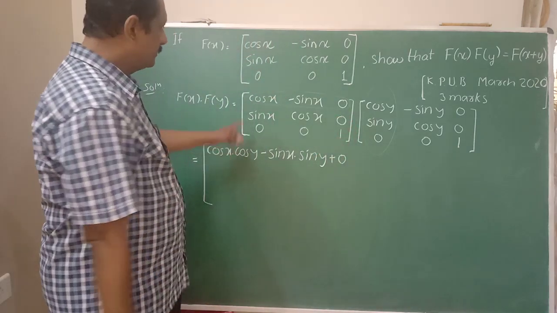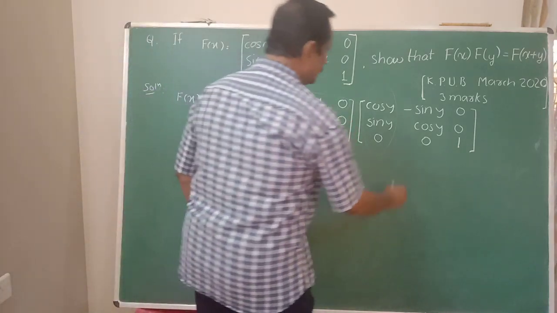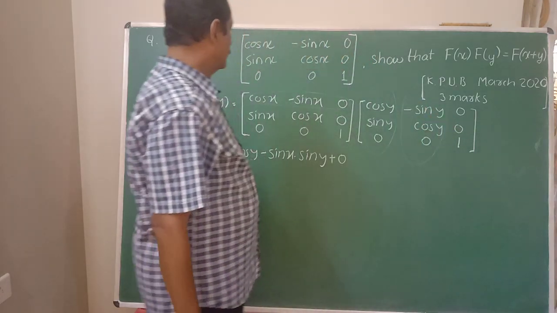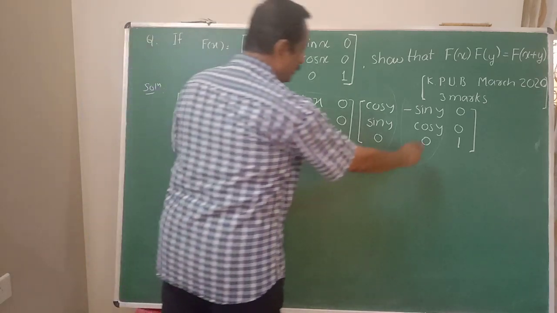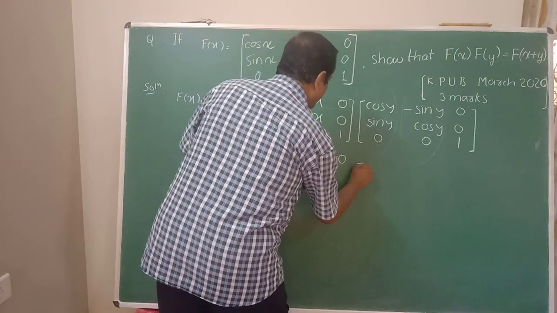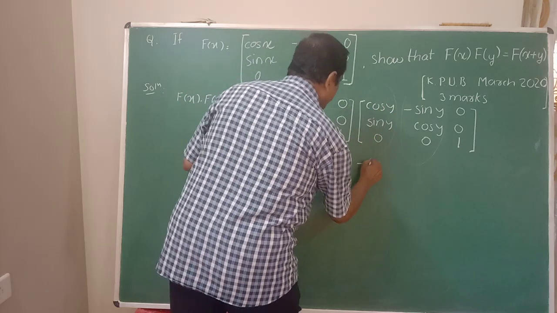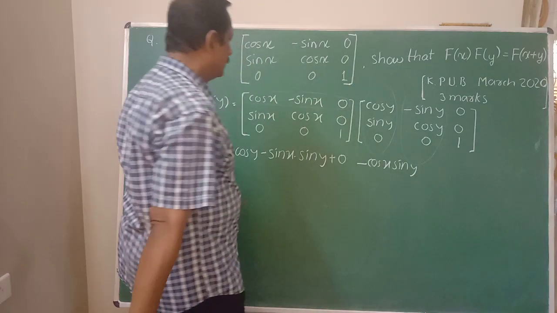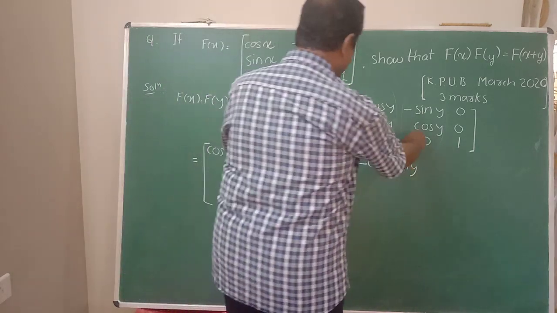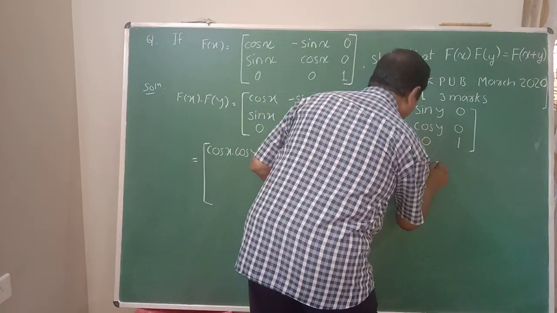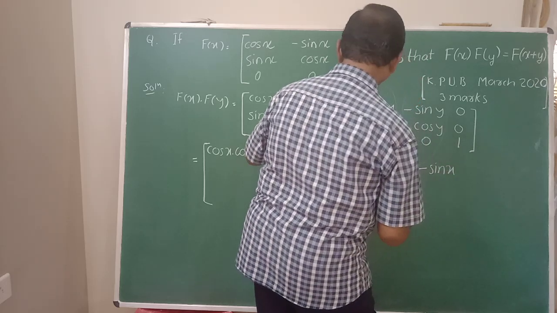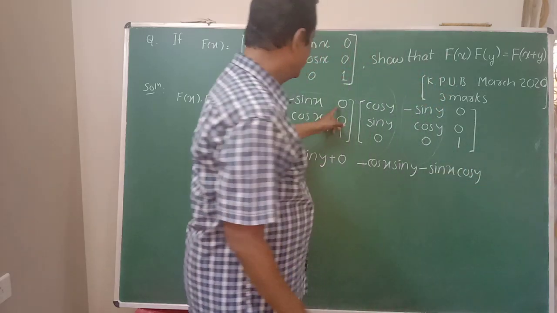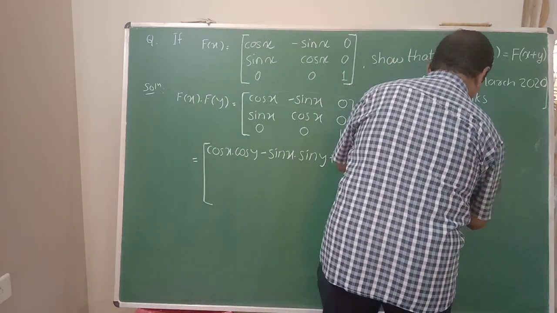Next, multiply this first row with the second column. Cos x into minus sin y, so minus of cos x sin y, then minus sin x into cos y, minus of sin x cos y. Then 0 into 0 becomes 0, so right here plus 0.